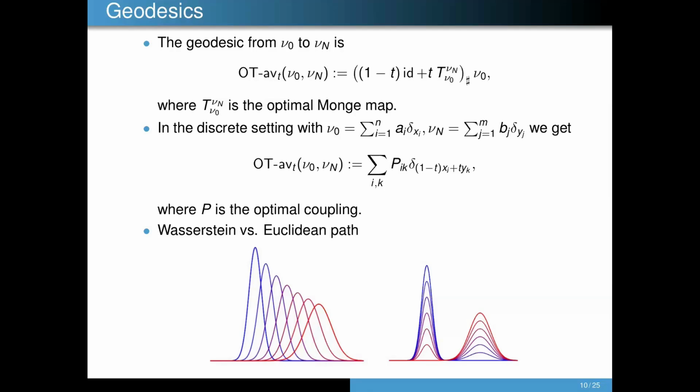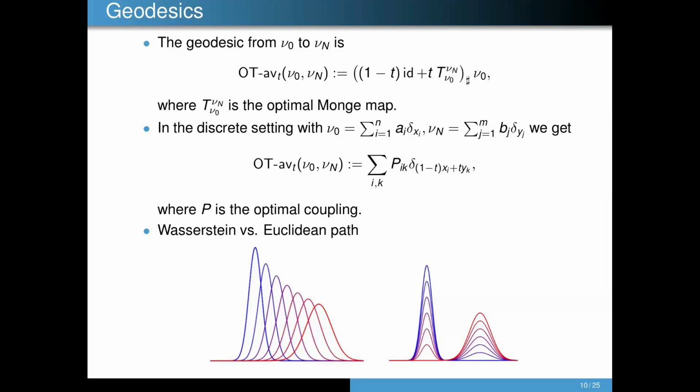It's just a straight line in the function space. And then you take this straight line and push the original measure with it. If t is equal to 0, you will get the original measure. And if t is equal to 1, you will get the other measure. And in between, you get the smooth collection of measures which represents the geodesic in Wasserstein geometry.